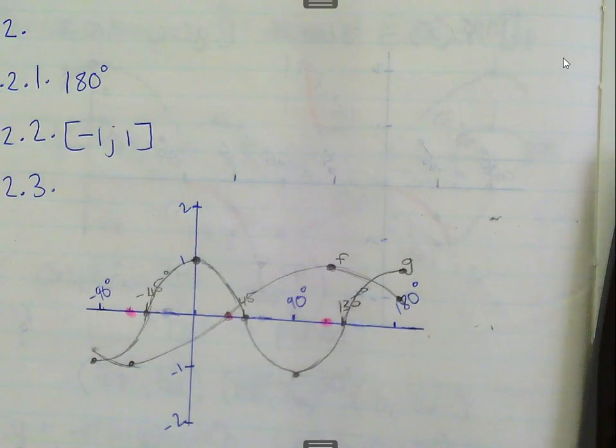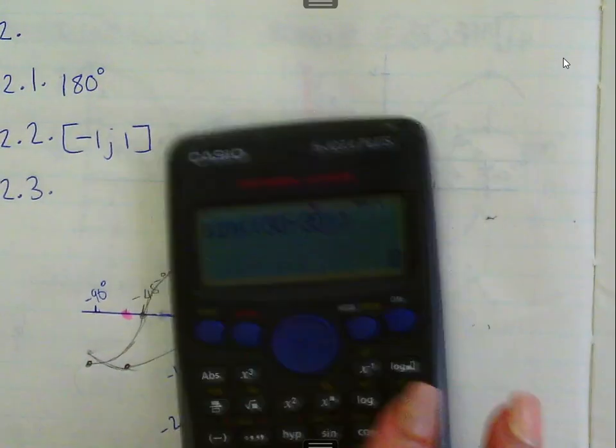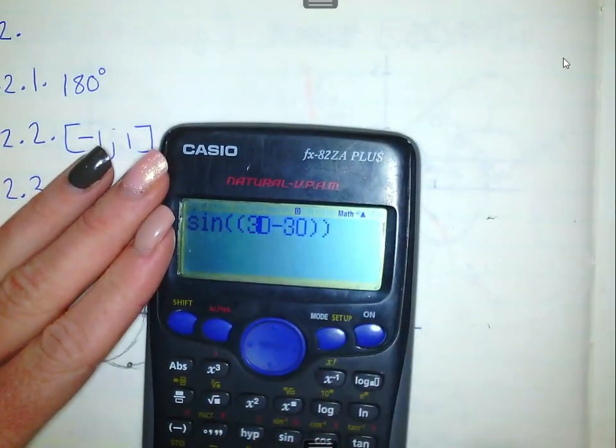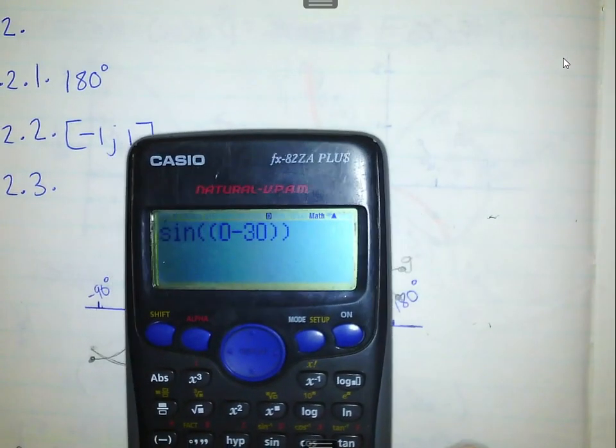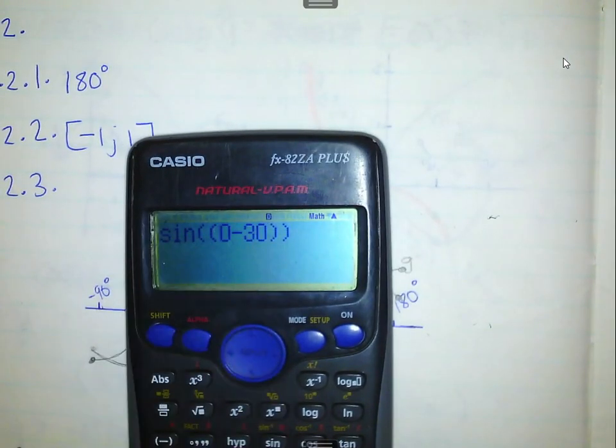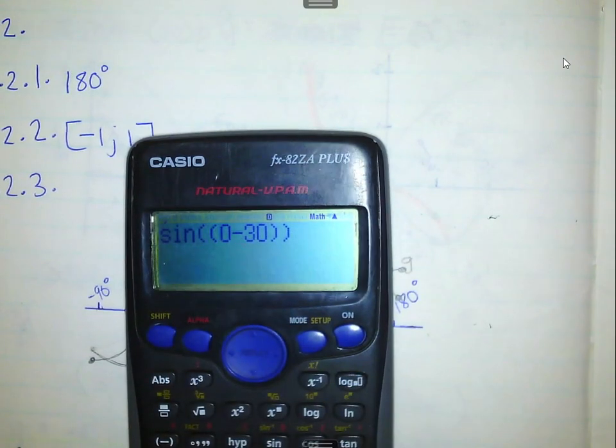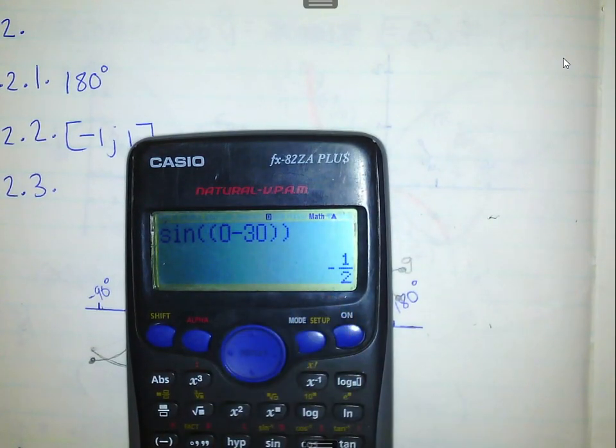That's why instead of substituting in 0 minus 30, when I substitute in 0 minus 30, remember your calculator does what's inside the bracket first. So it's going to subtract. So this answer that you get is actually the answer that is usually on the original sin at negative 30. But that value is now going to be at 0.